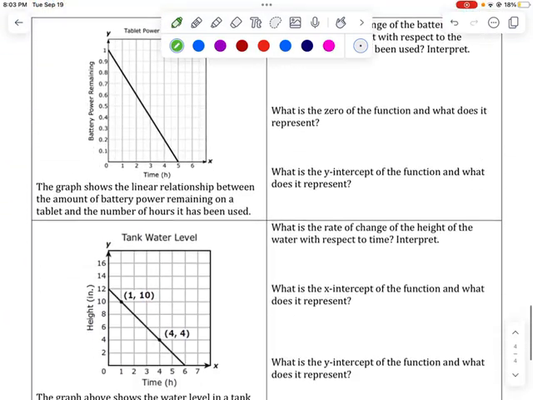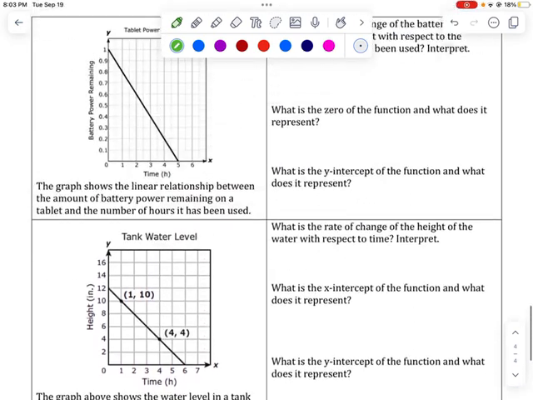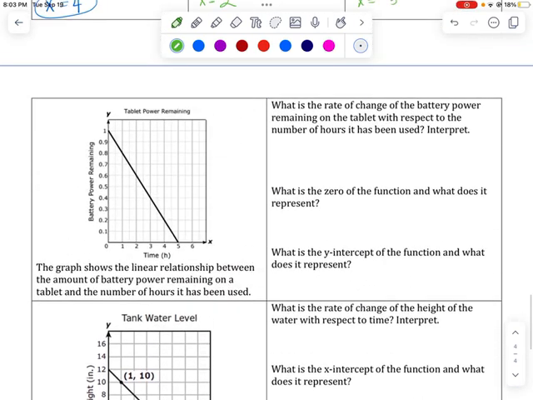Very last part is a couple of these word problems. We just got 3 of them. We're really doing the exact same thing and just interpreting a little bit more what it really means in real life. So let's see this first one. We got showing the linear relationship. If I'm thinking linear, I'm thinking slope. Between the amount of battery power remaining on the tablet and the number of hours it has been used.